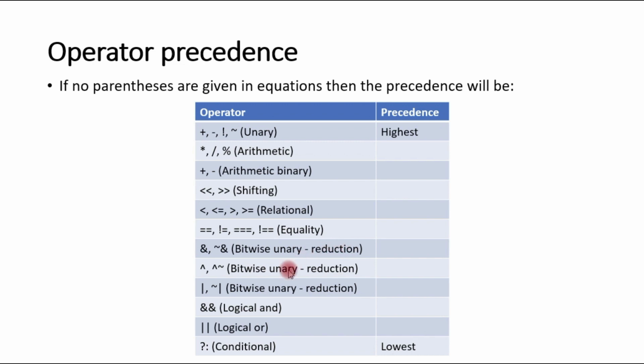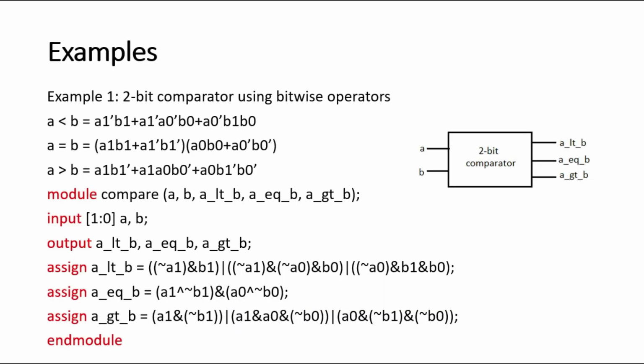These reduction operators are the bitwise operators. Then logical AND, logical OR. Last priority is given to the conditional operator. The sequence presented in the table is applied when no clarification of operations is mentioned in the expression. Sufficient examples are presented in this lecture to illustrate the data flow modeling style.